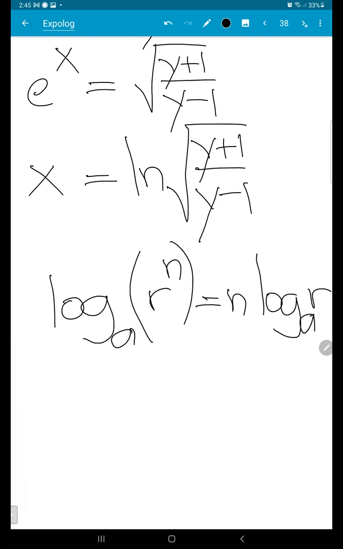What this property is saying is that if you have an exponential inside the logarithm, you can bring down the power of the logarithm.